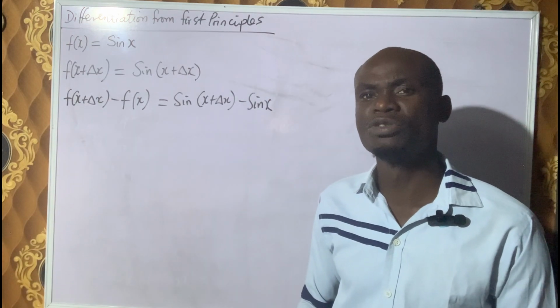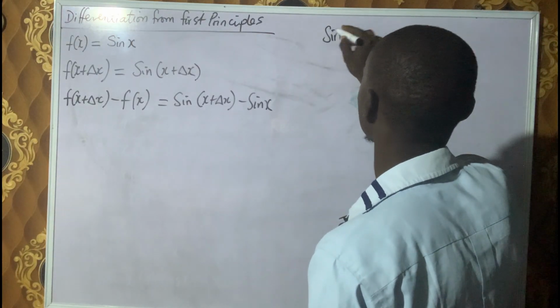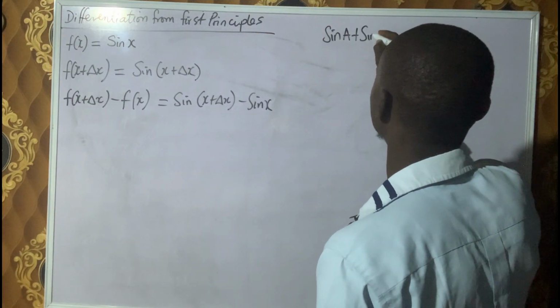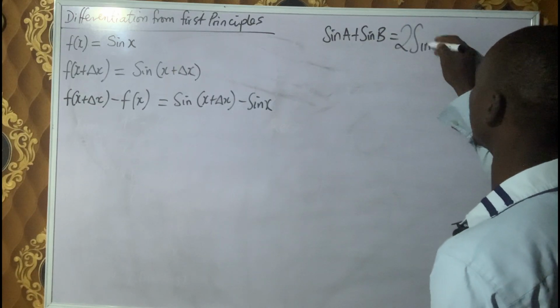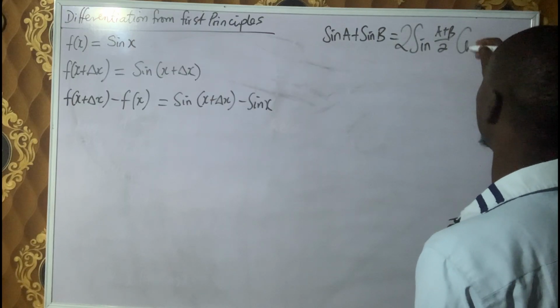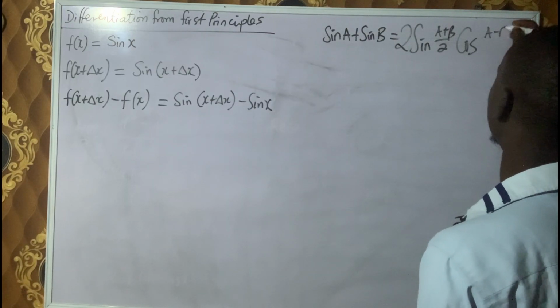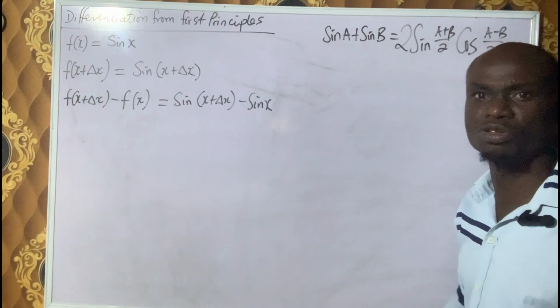There's a rule of trigonometry that says sine A plus sine B is equal to 2 sine A plus B over 2 cos A minus B over 2. This is a rule of trigonometry, and there are 4 of them.